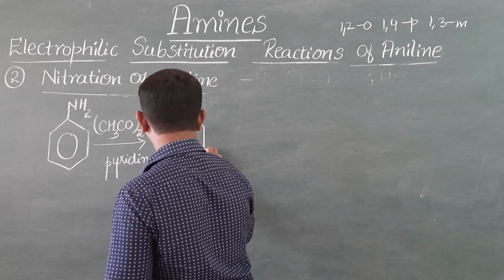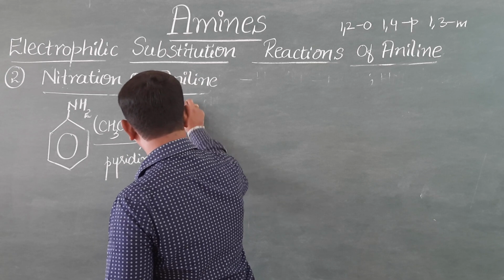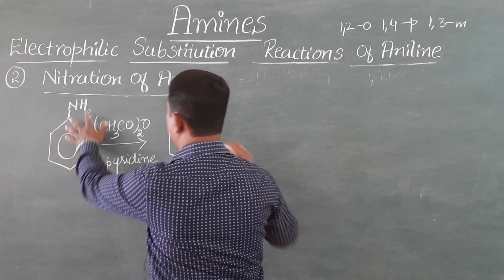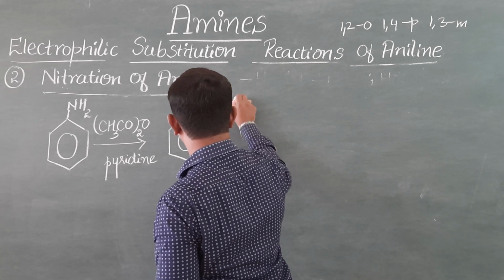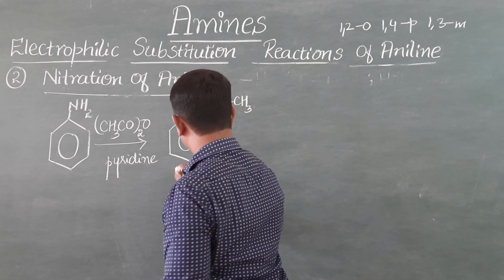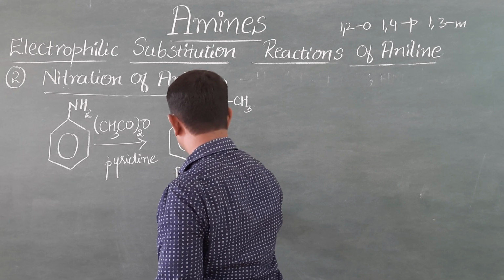What is acetylation? Replacement of hydrogen. Out of two hydrogens, one gets replaced by an acetyl group. This is acetanilide.